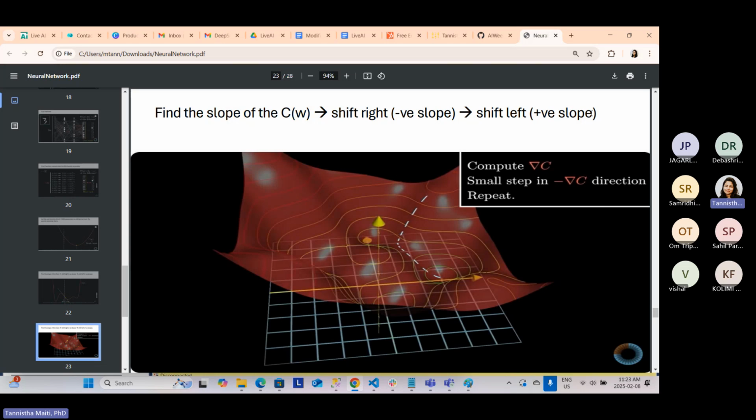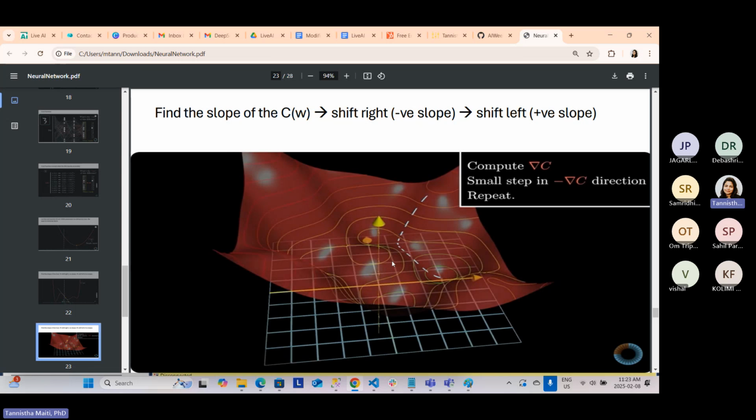Shift right, it's a positive slope. So you're trying to find the minimized value based on a learning rate and then calculating these values at every step. The learning rate will help you finally reach that minimum value in this two-dimensional space.